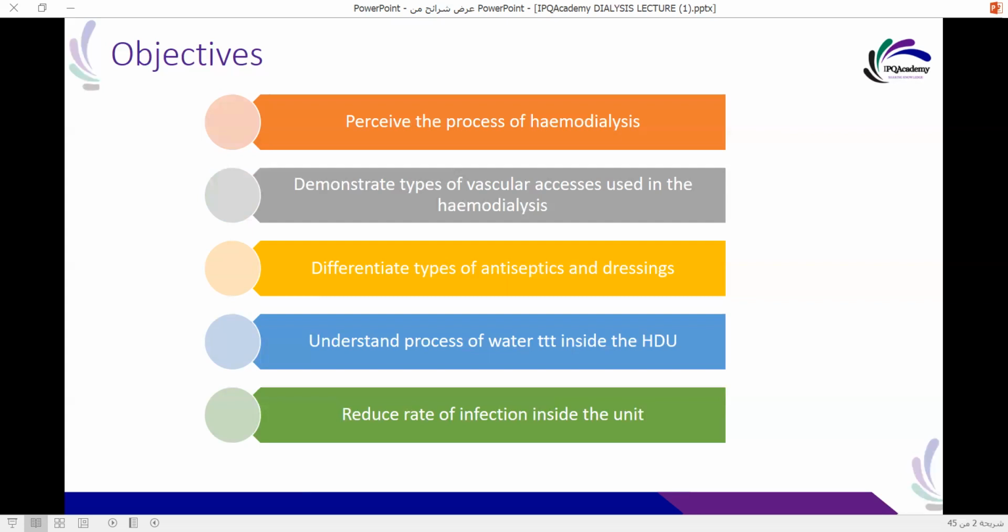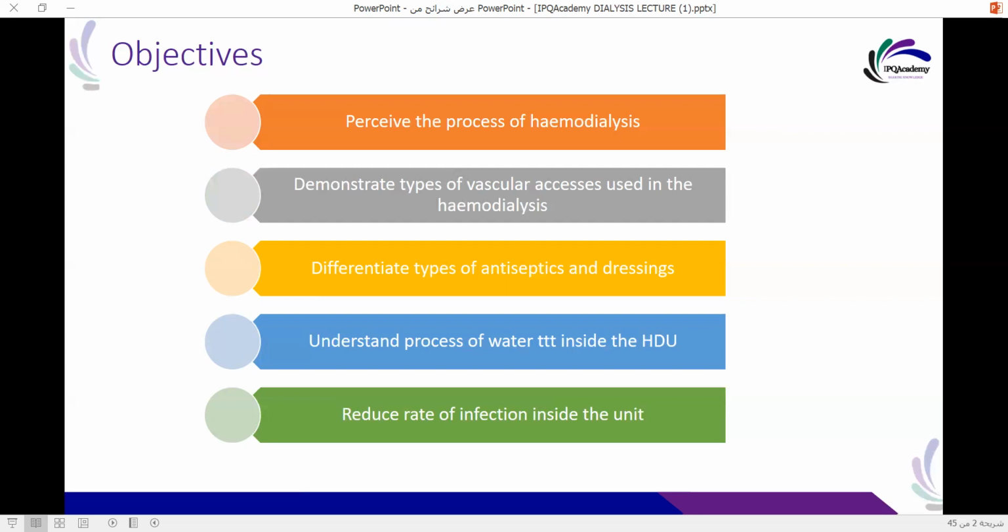Away from their endocrinal functions, which are very important, their more important function is represented by their ability to filter our blood from all waste products, toxins, unnecessary substances, and excessive fluid, and excrete all of these substances in the form of urine outside the body.